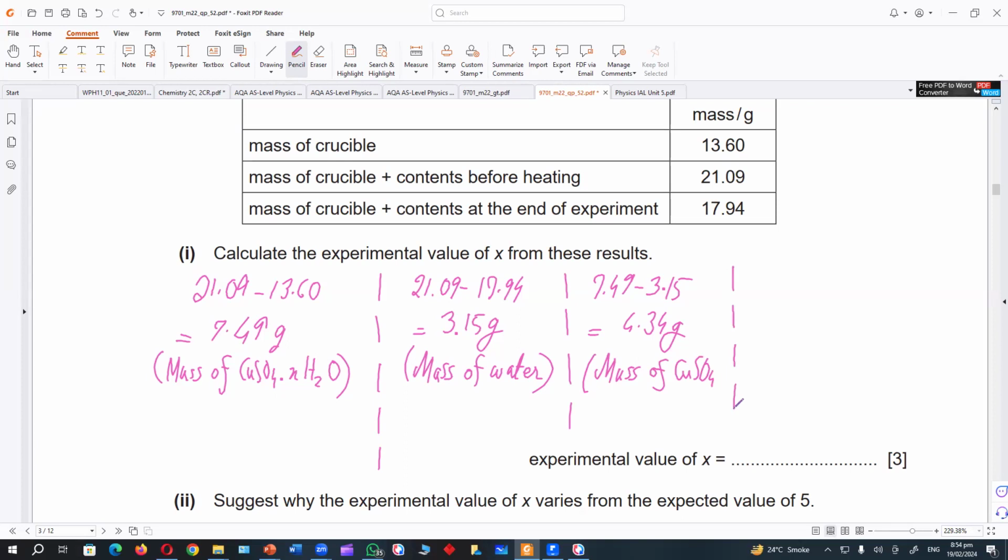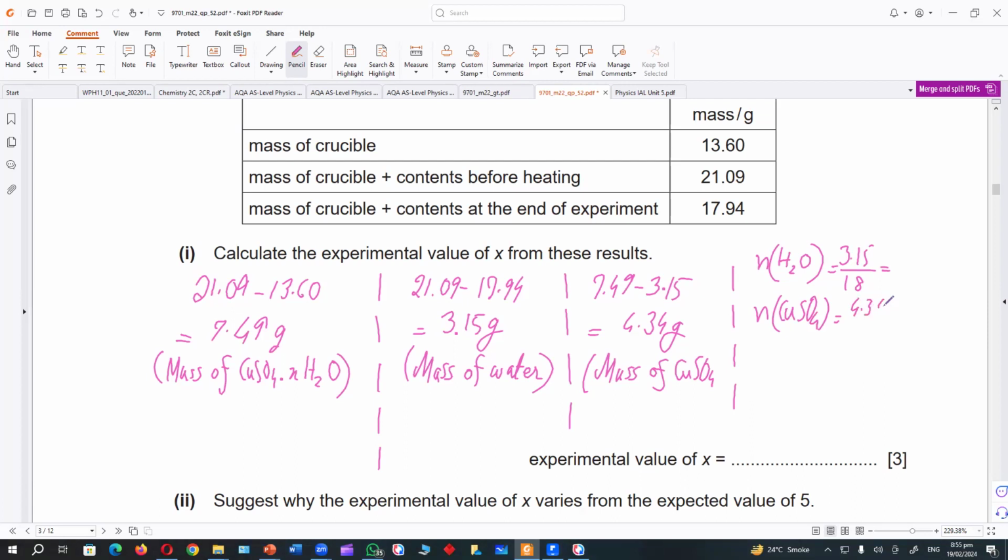What should I do now? Should I make a ratio of these two masses? Shouldn't we divide the mass of water by the Mr? Right, let's make it the moles. Now, what is the mass of copper sulfate?